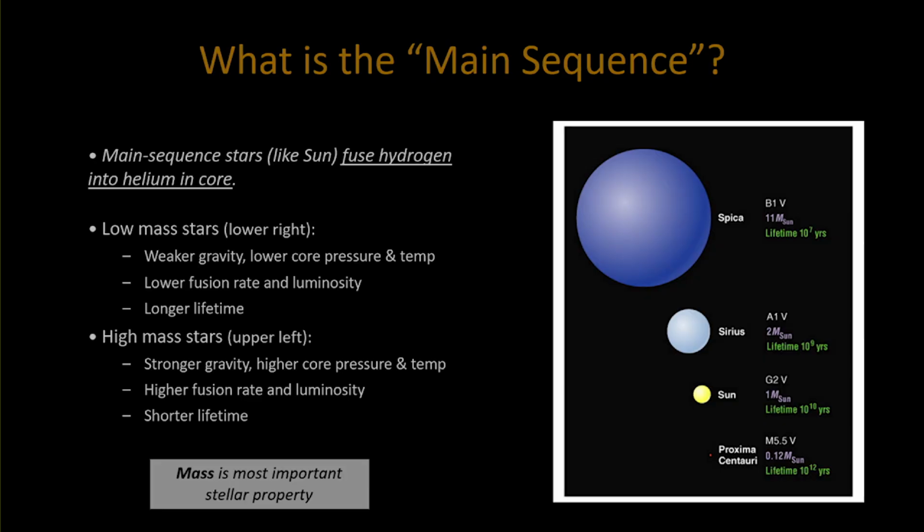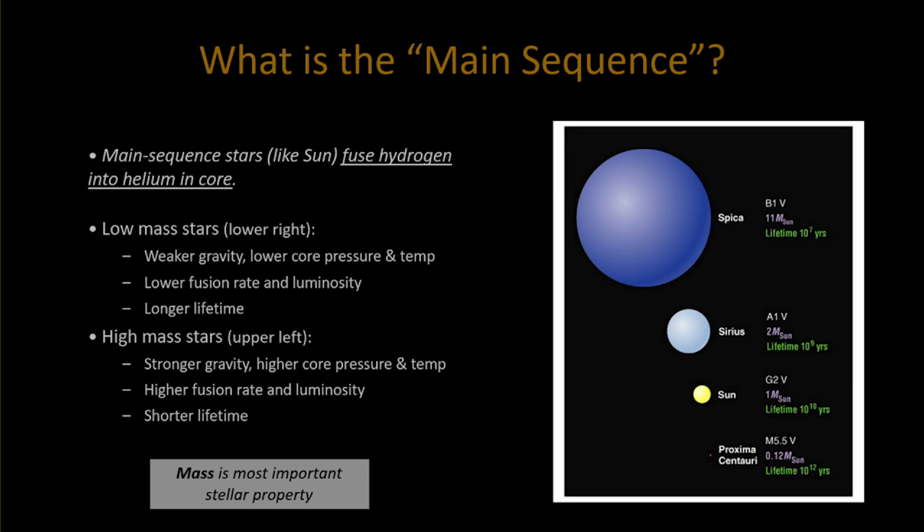So here you see a few examples of the sizes of some main sequence stars of different masses. And no surprise, our large blue hot B-class star is exactly that, large and hot. Then we have a star that's not quite so large, not quite so hot. Then we have our sun. I don't know if you can even see that little red speck at the bottom. Can you see that? Proxima Centauri.